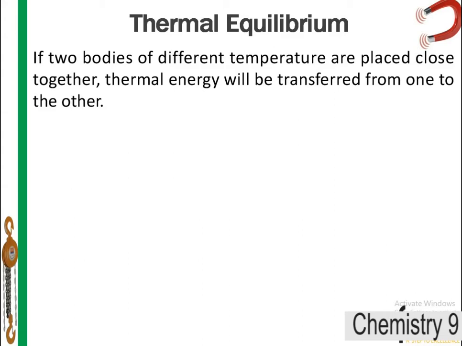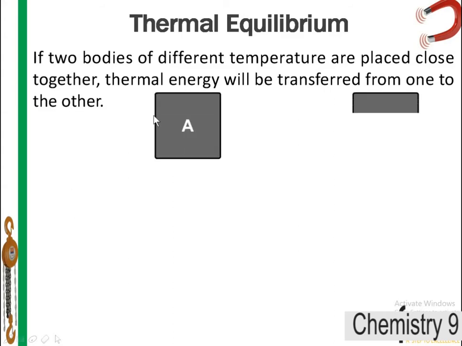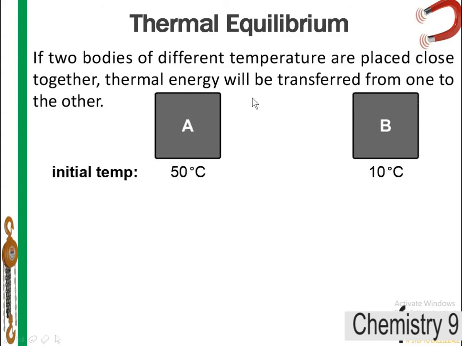Now, let's imagine that we take these two bodies or substances and place them close together. What will happen is that thermal energy will be transferred from one of the bodies to the other.